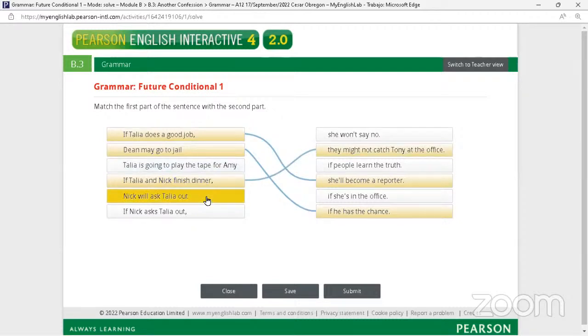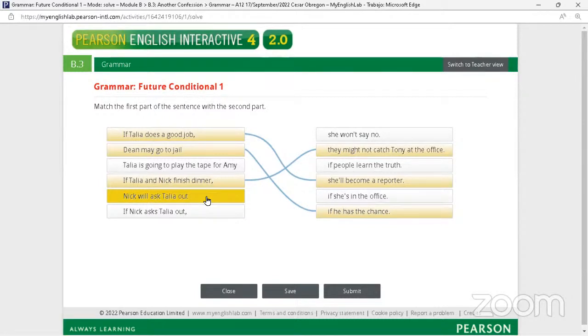If people learn the truth, if she's in the office. Oh, Nick will ask Talia out. He won't know. If people learn the truth.